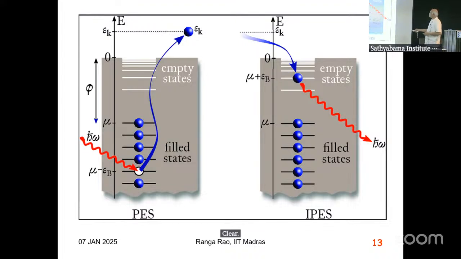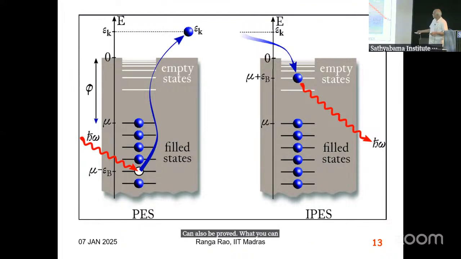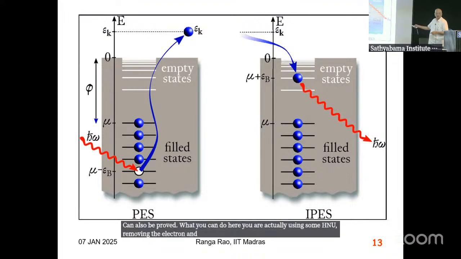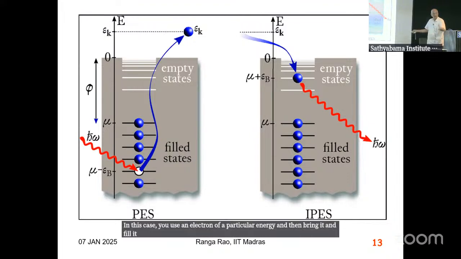Why I got interested in this particular slide figure, which I picked up from the internet, is that these empty states can also be probed. What you can do here is use some h nu, remove the electron and measure its kinetic energy. In this case, you use an electron of a particular energy and bring it in to fill up the empty states.